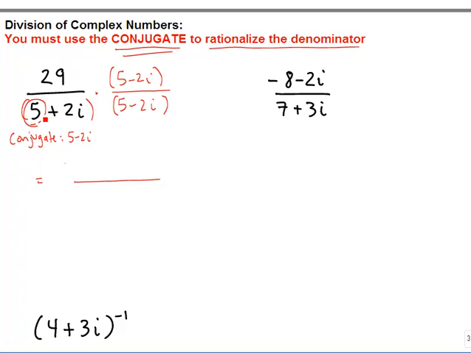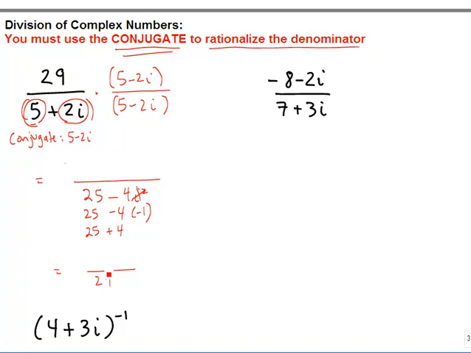I'm going to get the 5 squared, which is 25, minus the 2i squared, which becomes 4i squared. Now change that i squared to a -1. If I multiply that minus 4 times that -1, then this becomes 25 plus 4, or 29. So my new denominator is 29.